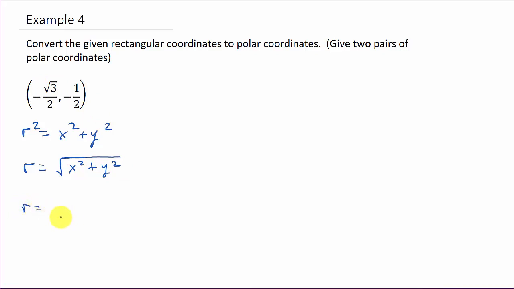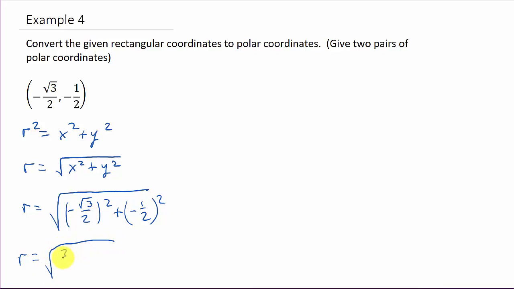I get r is equal to the square root of negative square root of 3 over 2 squared plus negative 1/2 squared. And so r is the square root of 3 over 4 plus 1 over 4, so that's 4 over 4, which is 1. The square root of 1 is 1. So we get r is equal to 1.